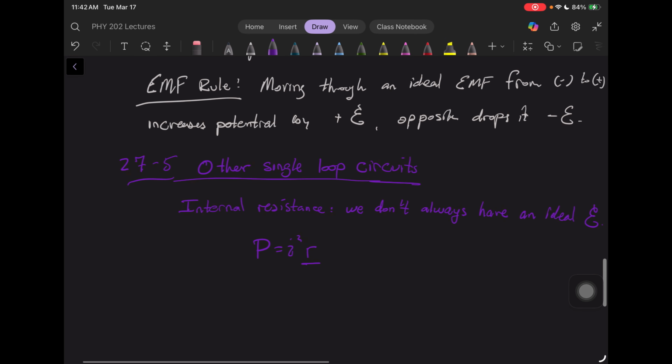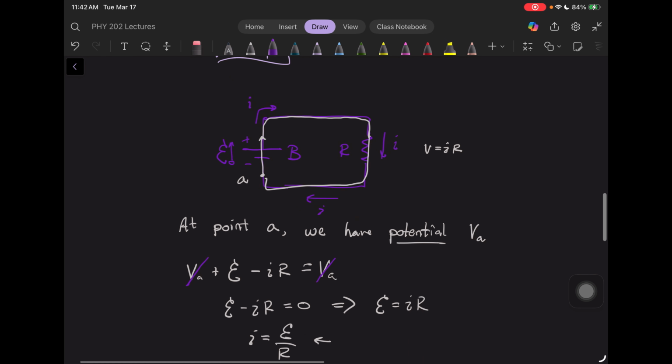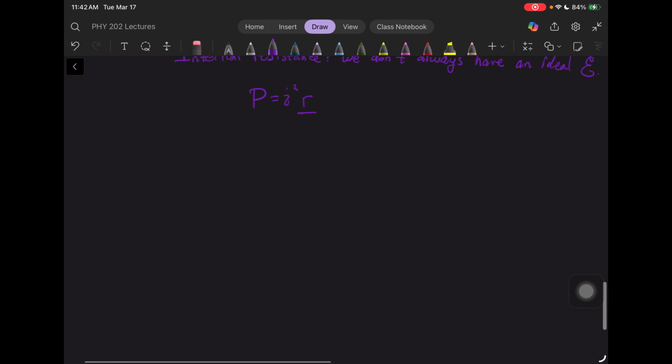Let me just redraw that circuit. What we did before was for an ideal EMF that has no internal resistance.